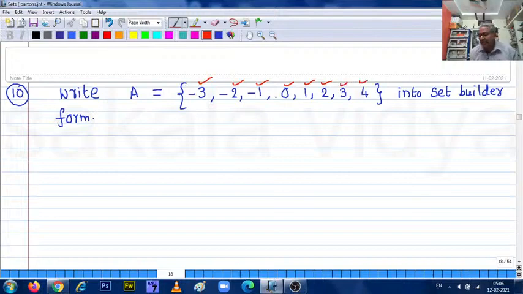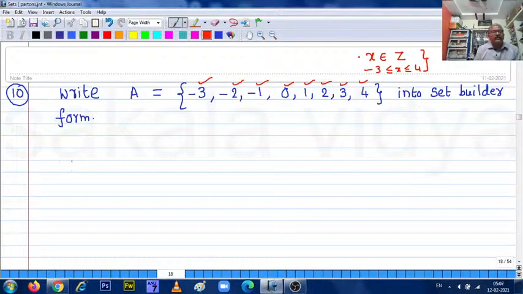They are integers, denoted by the letter Z. That means if the element is x, x belongs to Z, but one condition is there. What is the condition? It lies between -4 and 5, or we can write in between -3 and 4 also: -3 less than or equal to x, x less than or equal to 4. If you mention this property, then it becomes the set builder form.